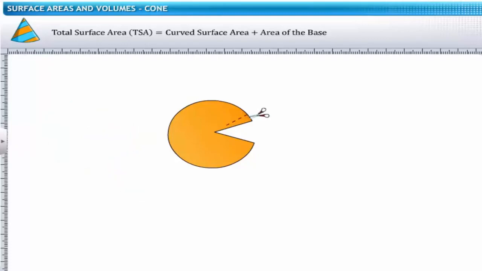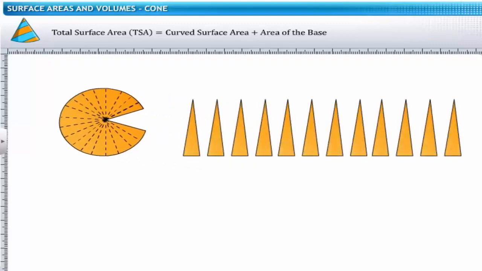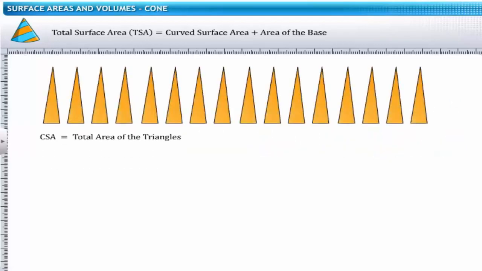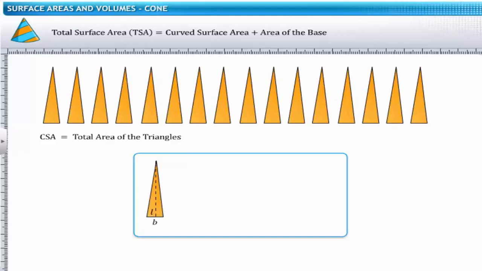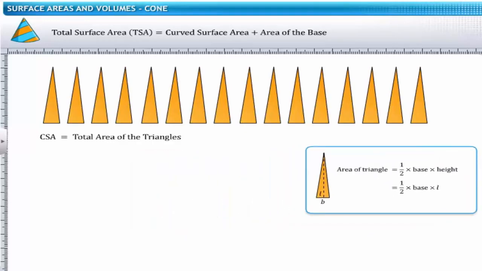Now, let's divide this piece into as many triangles as possible. The CSA of the cone will be equal to the total area, or the sum of the areas, of these triangles. The area of each triangle is calculated as half base into height, wherein the height is the same as the slant height L of the cone.